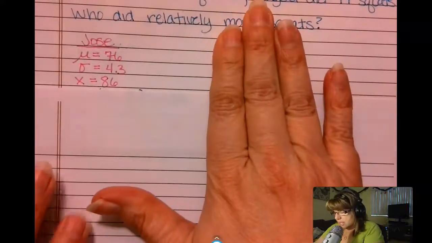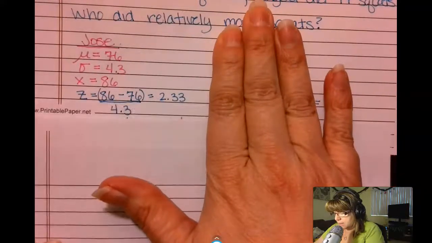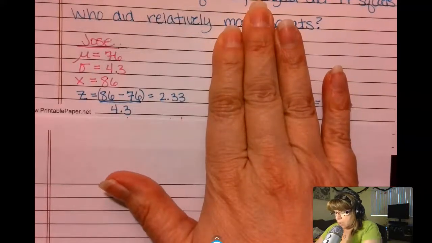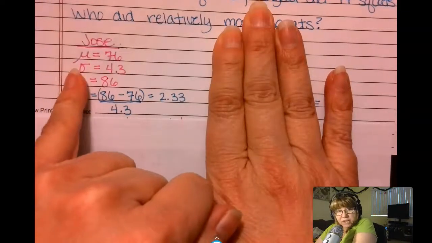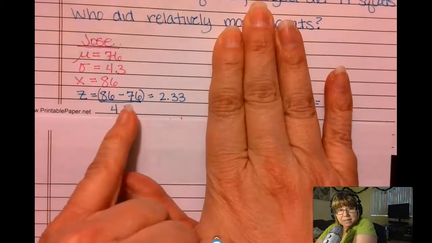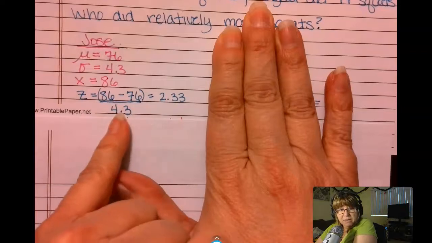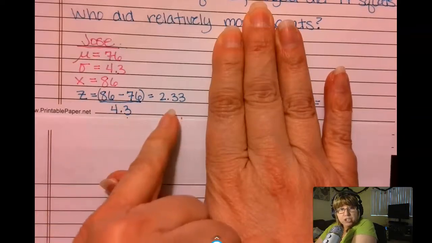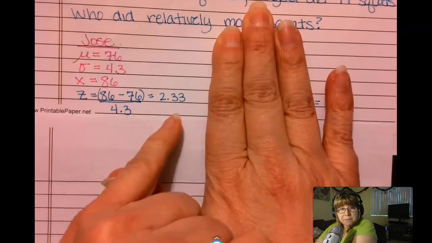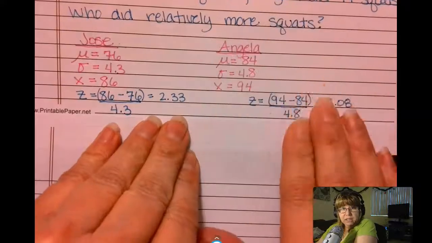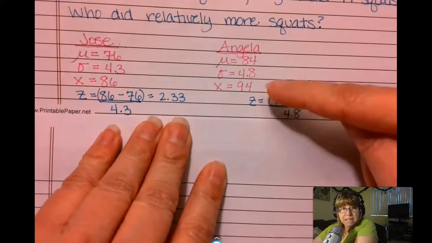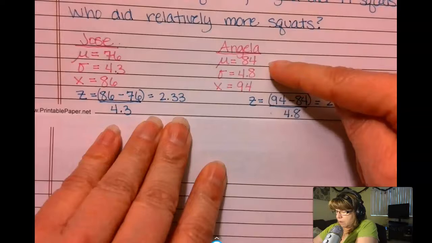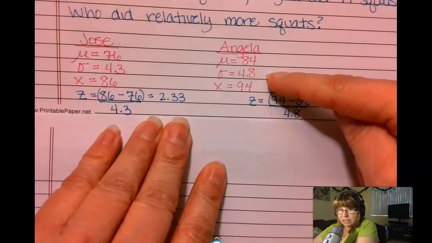All right, let's just take a look at Jose's. So x minus mu all divided by standard deviation. So 86 minus 76 all divided by 4.3 is 2.33. For Angela, we have x, 94, minus mu, 84, all divided by 4.8, the standard deviation.